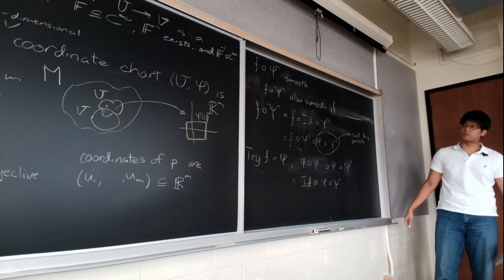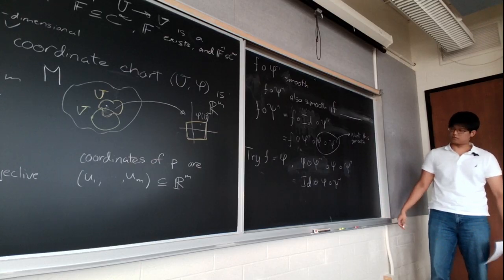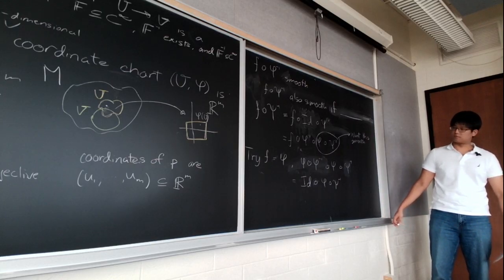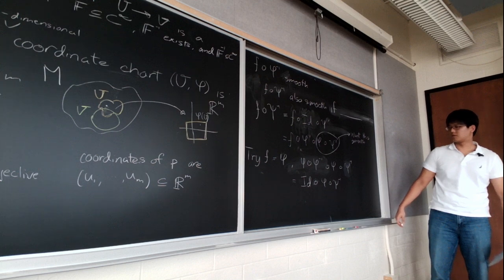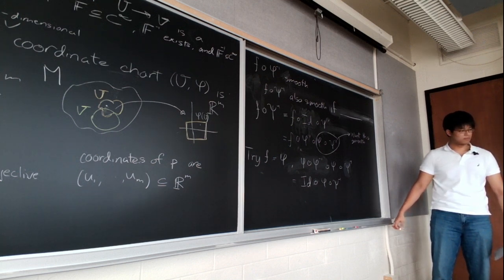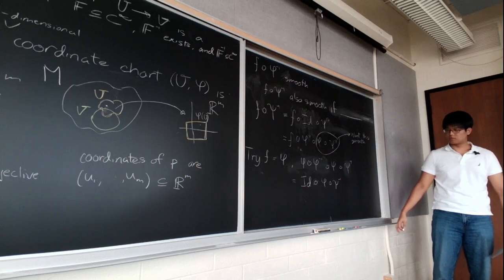Then I can pick F, and I know that phi composed with phi inverse is smooth. Then, by assumption, phi composed with psi inverse has to also be smooth. And therefore, phi composed with psi inverse has to be smooth. Okay, so you've shown the opposite direction.